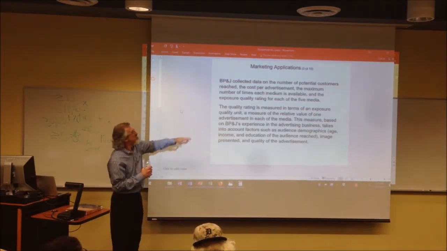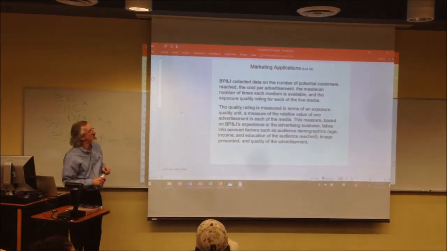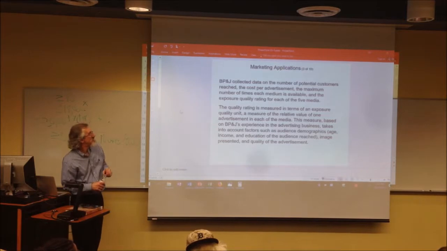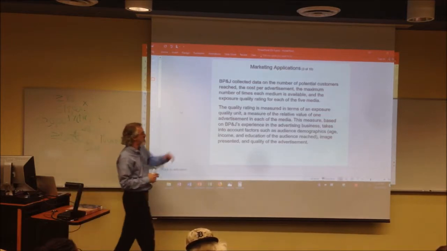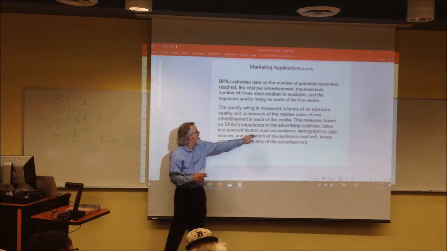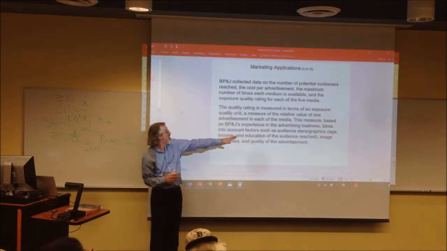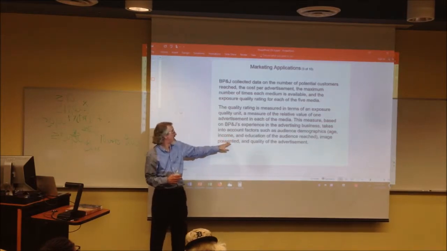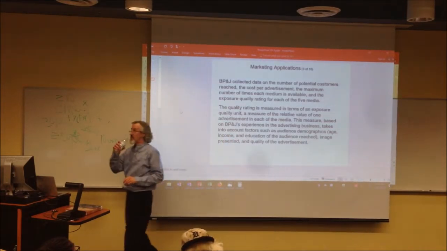The quality rating is measured in terms of exposure quality unit, a measure of relative value of one advertisement in each media. This measure is based on your company's experience in the advertising business, takes into account factors such as audience demographics, their age, their income, education, and image presented, and quality of the advertising.